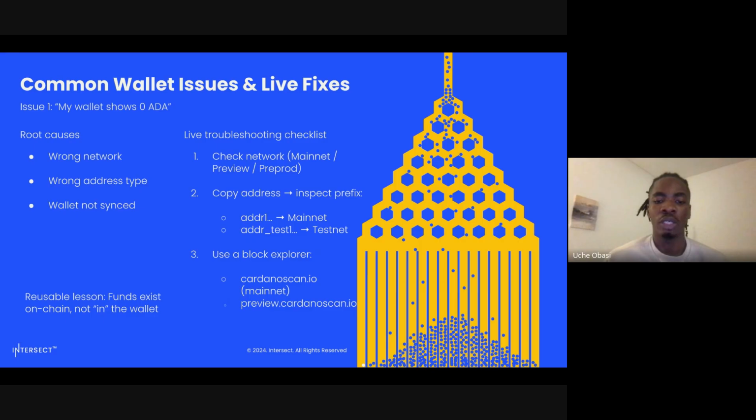You can as well use preview.cardanoscan.io to test addresses or wallets on pre-prod. So the lesson here is: funds exist on chain, not in the wallet. That's one thing you need to have in mind. Funds exist on chain, not in the wallet.